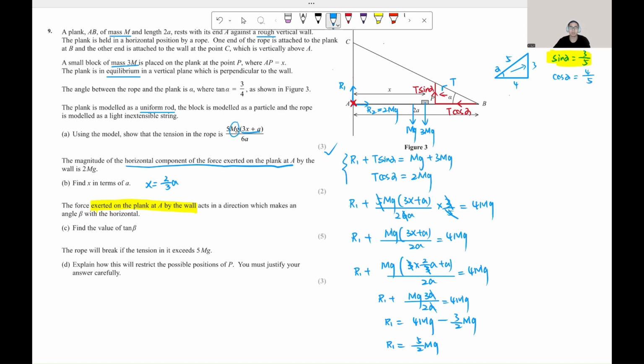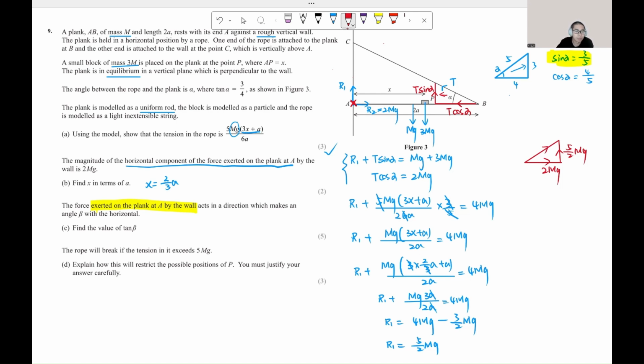Now we have worked out the value of R1. So now we know R1 is equal to 5 over 2 mg. So it goes up like this, 5 over 2 mg, and R2 horizontal 2mg. Then the resultant force has to be this one. That's the resultant force.